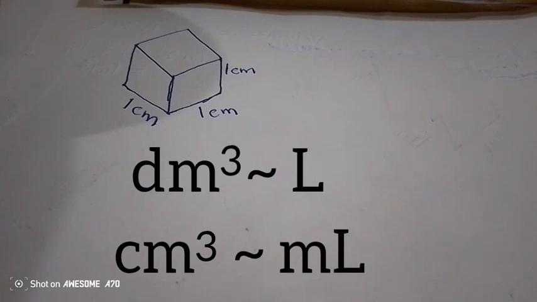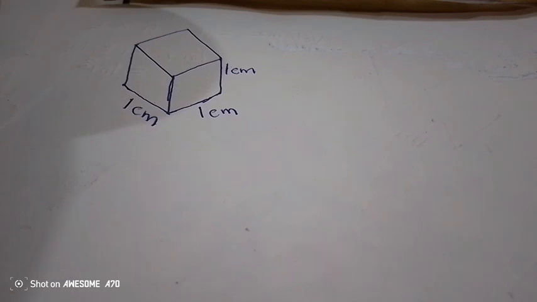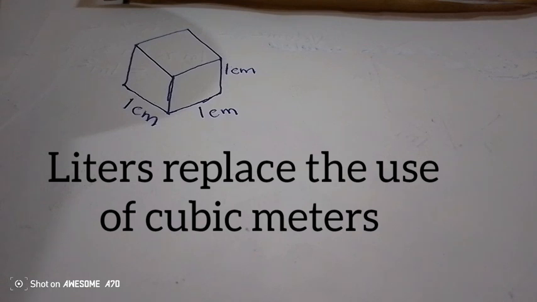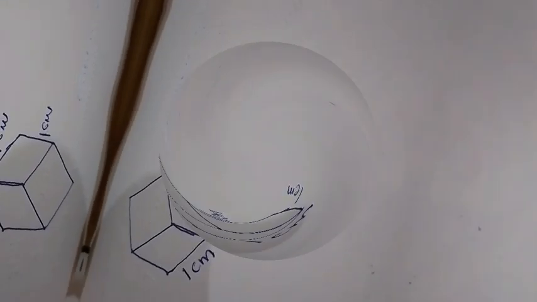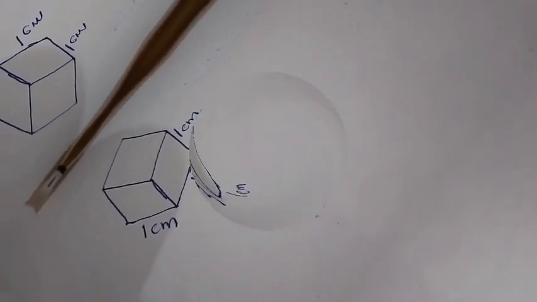Milliliter is mL, while liter is represented with L. Liter replaces the use of cubic decimeter, while mL, which is milliliter, replaces the use of cm³.